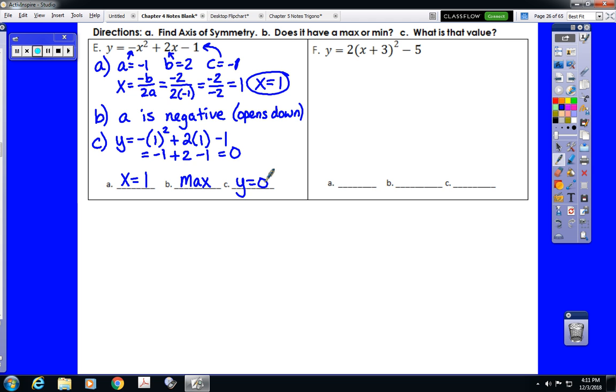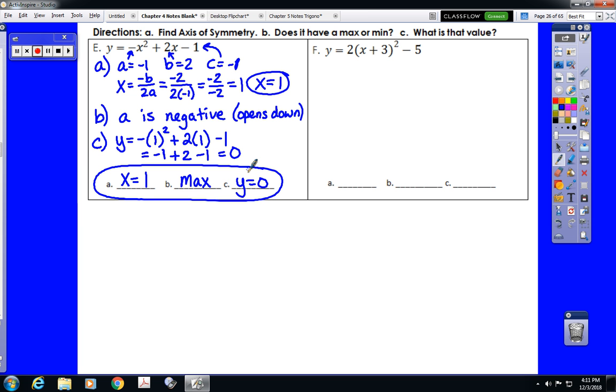So that value would be y equals 0. There are 3 answers for this type of question. And in this case, the vertex would be located at 1, 0, telling us that the axis of symmetry is x equals 1, that it's a maximum value because the a is negative, and that the y-coordinate of the vertex, the maximum value, is y equals 0.